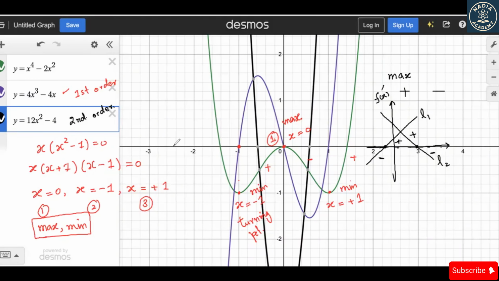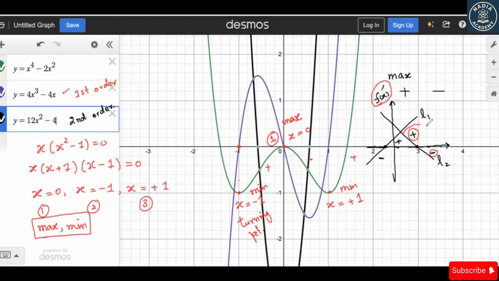So we have both conditions here: when the gradient is changing from positive to negative, the slope of that function is negative, because this straight line represents the first order derivative.